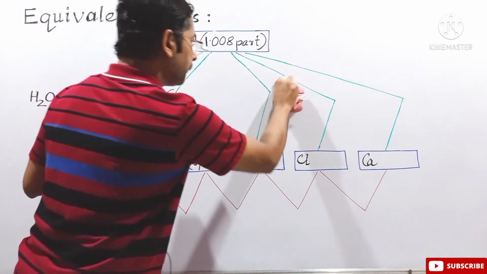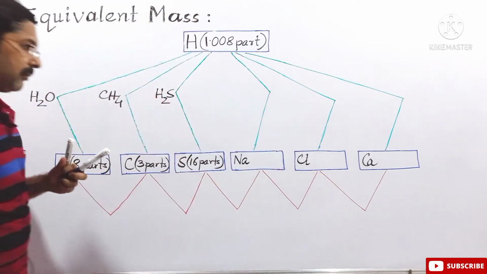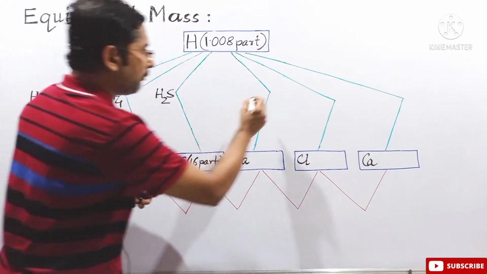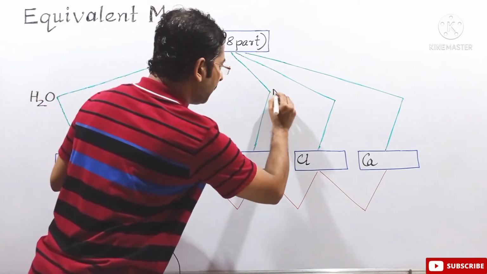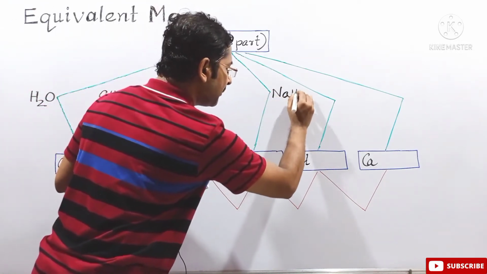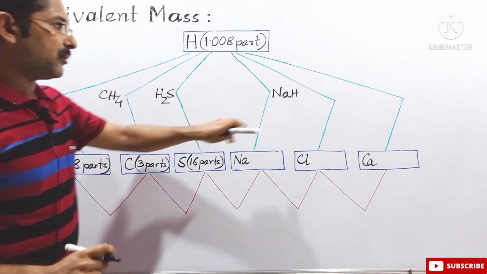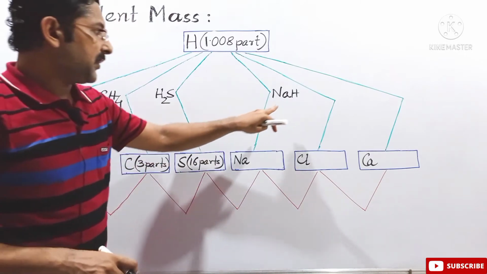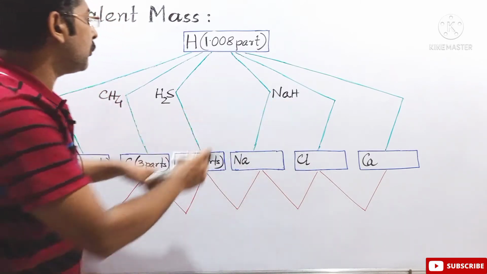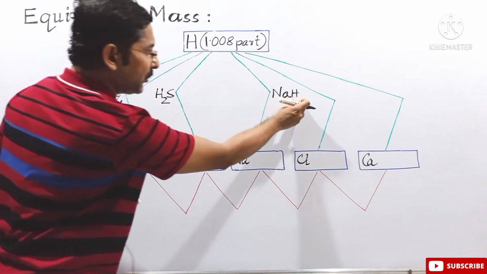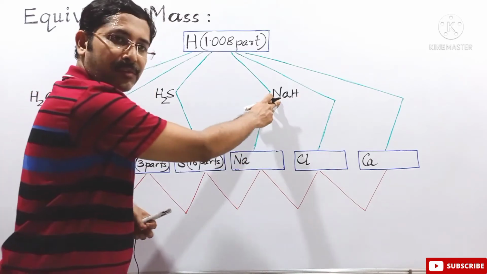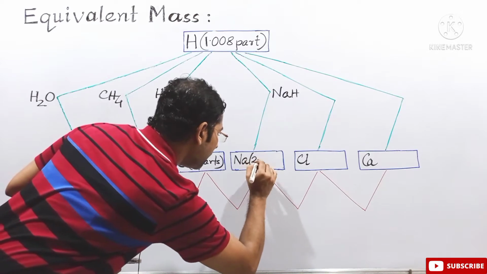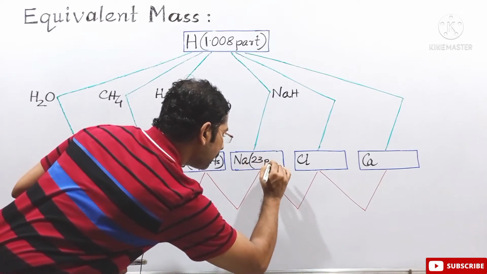What will happen when sodium and hydrogen combine together? Sodium and hydrogen combine together to form sodium hydride, right, NaH. And of course this is 1:1 ratio, atomic ratio is 1:1. So 1.008 part of hydrogen combined with atomic mass of sodium, this is 23 parts of sodium, right?